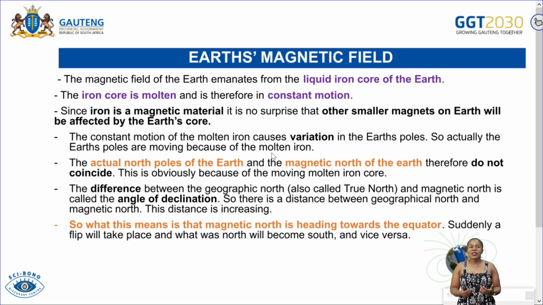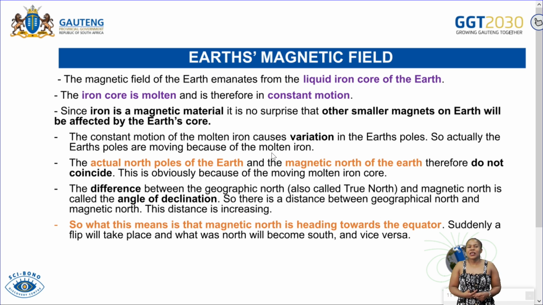Now, the constant motion of the molten iron core causes a variation in the Earth's poles. So now, instead of having just one pole, you're going to have two poles on the Earth. The poles of the Earth are actually moving due to the molten iron core of the Earth.